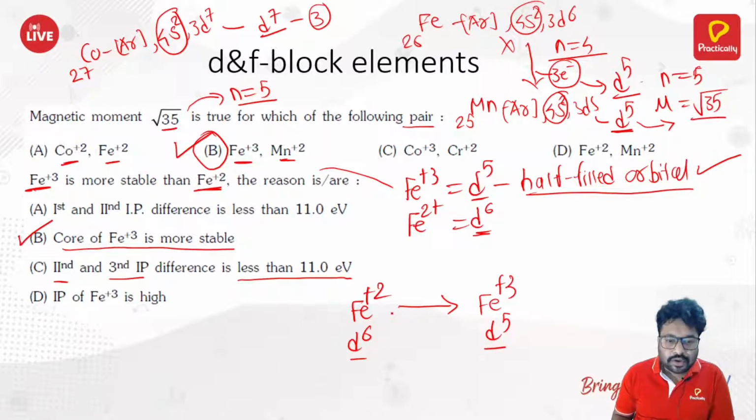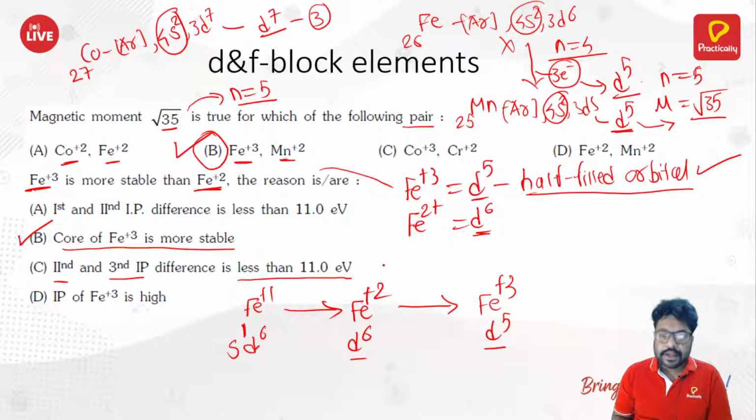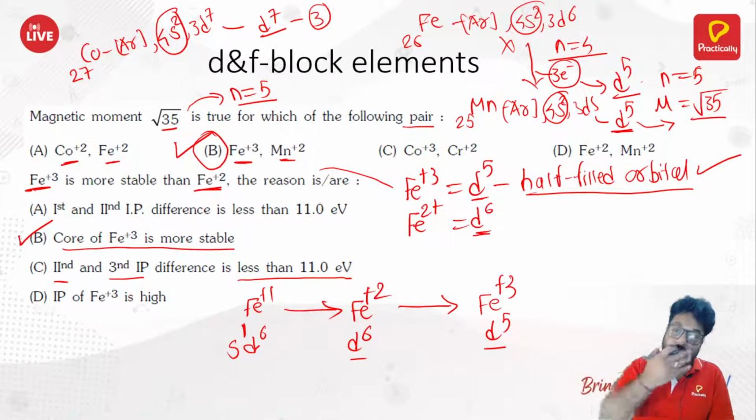Whenever you're going from Fe plus 1, which is also a d6 system but with one electron present in s1, to Fe plus 2, you require some electron volt of energy, that is obvious. And when you are going from Fe plus 2 to plus 3, you also require some electron volt of energy.